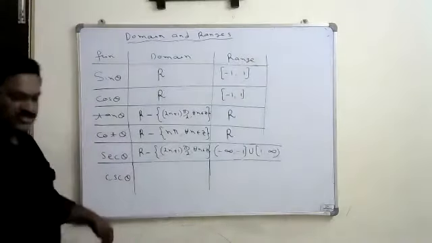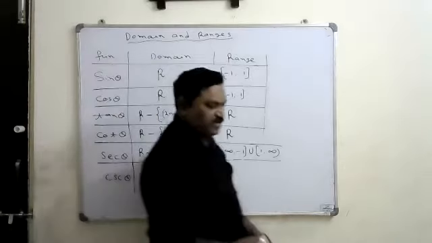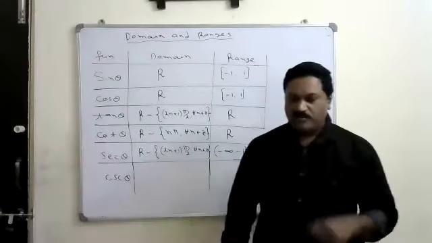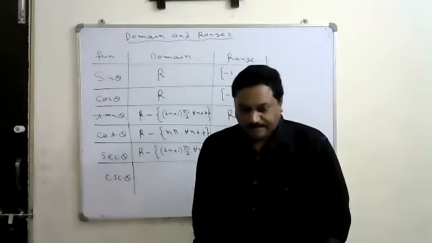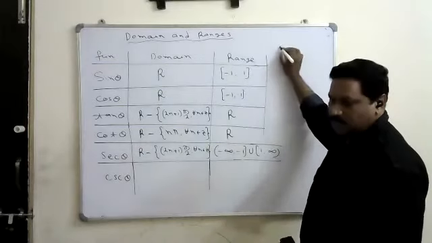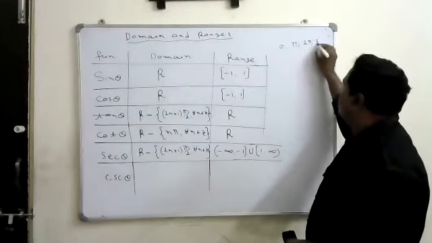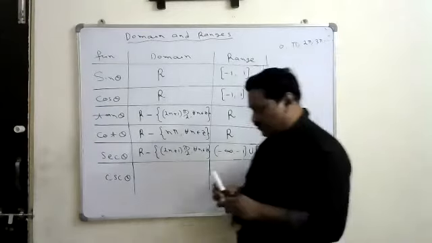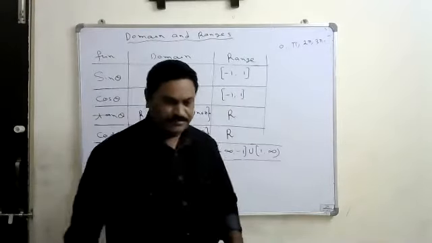Similarly, cosecant theta. Observe the value of cosecant theta: for which angles is cosecant not defined? 0, pi, 2 pi, 3 pi, etc. For all these angles, cosecant is not defined.